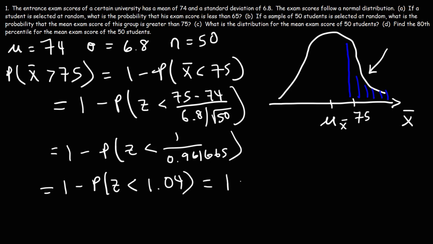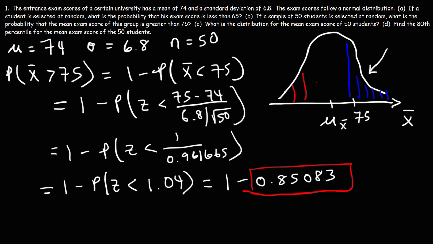So this is going to be 1 minus. Now a z-score of 1.04 corresponds to an area to the left, that's this region, of 0.85083. So just keep in mind this value corresponds to the shaded region in red.